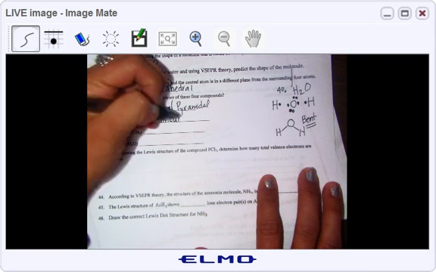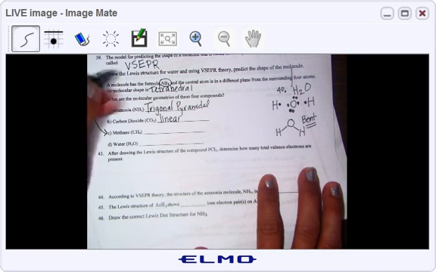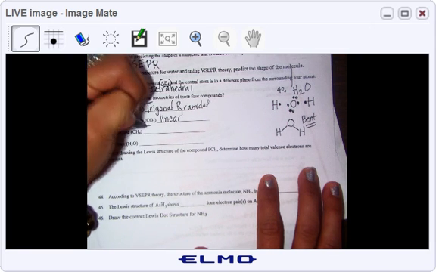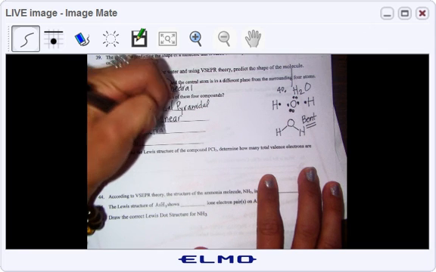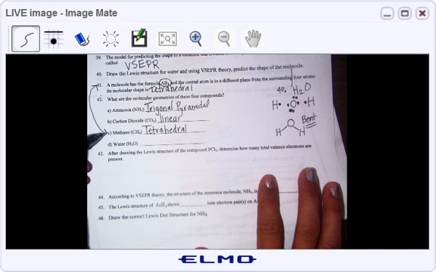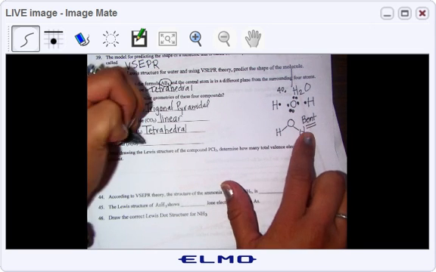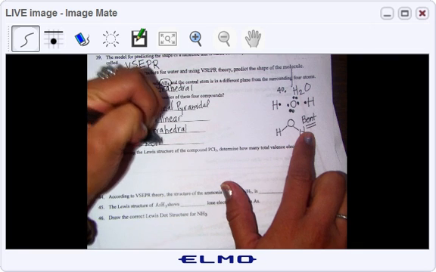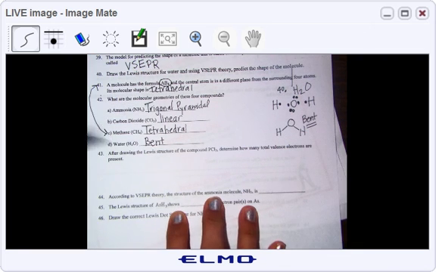B is linear. 42C is tetrahedral, and water, we said, was bent. These might be a good idea to put on your index card.